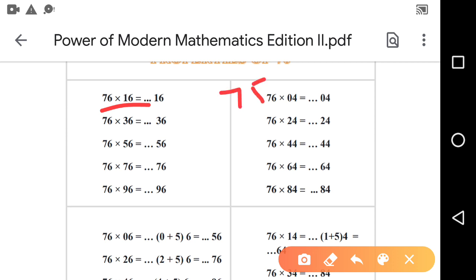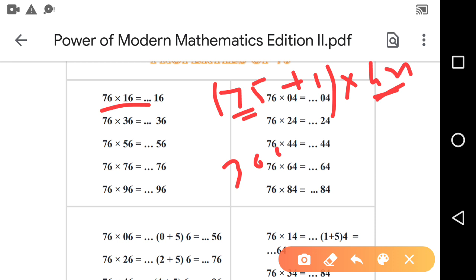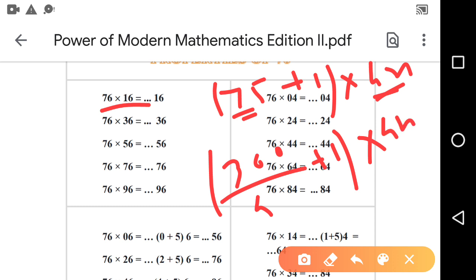76 can be written as 75 plus 1, and if we consider any multiple of 4, that is 4n, 75 can be written as 300 divided by 4 plus 1, into 4n. Now 300 divided by 4 into 4n means 300 into n, plus 1 into 4n means 4n.